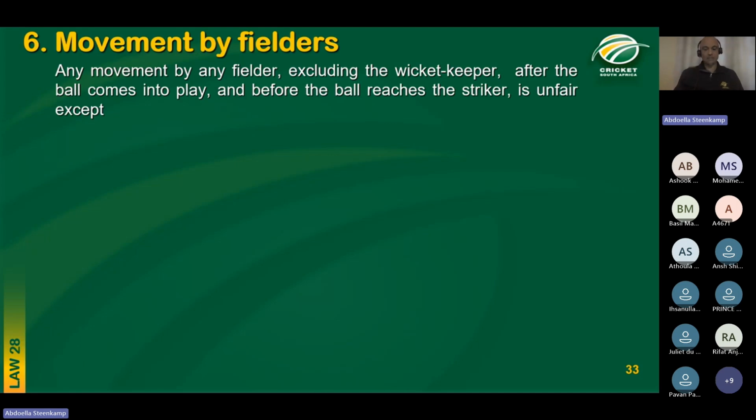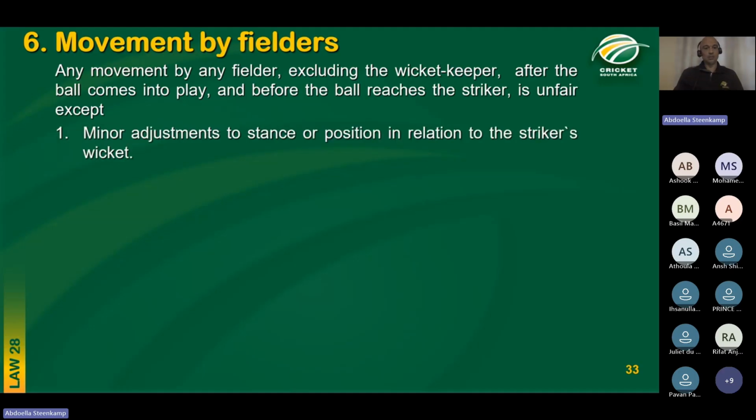There are 3 exceptions, and we'll now see what a fielder is allowed to do and not allowed to do. So firstly, the law allows the fielder minor adjustments to either their stance or position. So this is meant for those, let's say if you can visualize a silly point standing 2-3 meters from the bat, or a short leg fielder under the helmet, close to the striker.